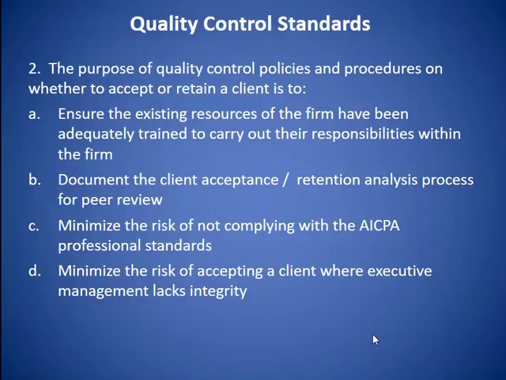B. Document the client acceptance retention analysis process for peer review. C. Minimize the risk of not complying with the AICPA professional standards. And D. Minimize the risk of accepting a client where executive management lacks integrity.